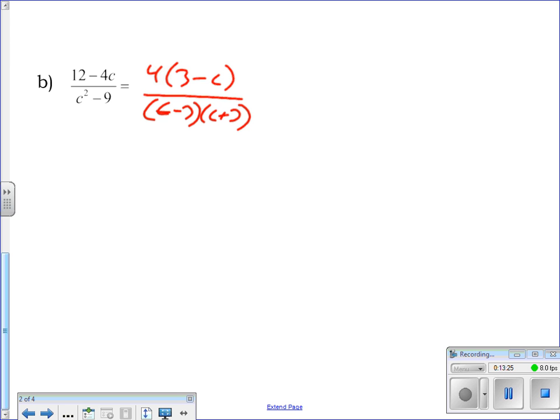I factored, not yet reduced. What can c not be? What's going to make my denominator 0? 3 and negative 3.